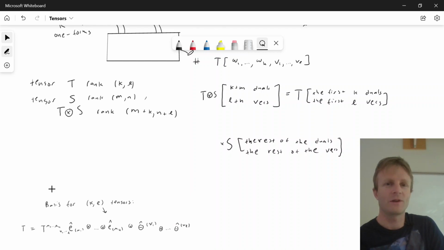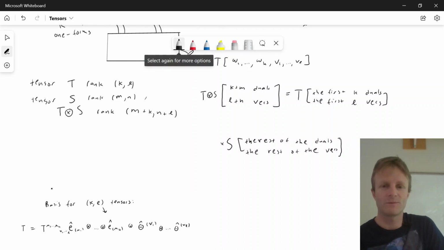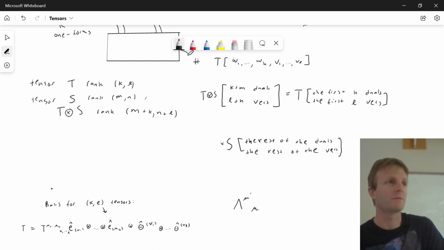So for example, I haven't really introduced the index thing, but when we had these Lorentz transformations, we put 1 up and 1 down. This is a 1, 1 tensor. And you can think of it as a matrix. And if you plug in, so let's call this lambda. So if you plug in lambda and you give it a vector, I guess we plug in the 1 forms first.